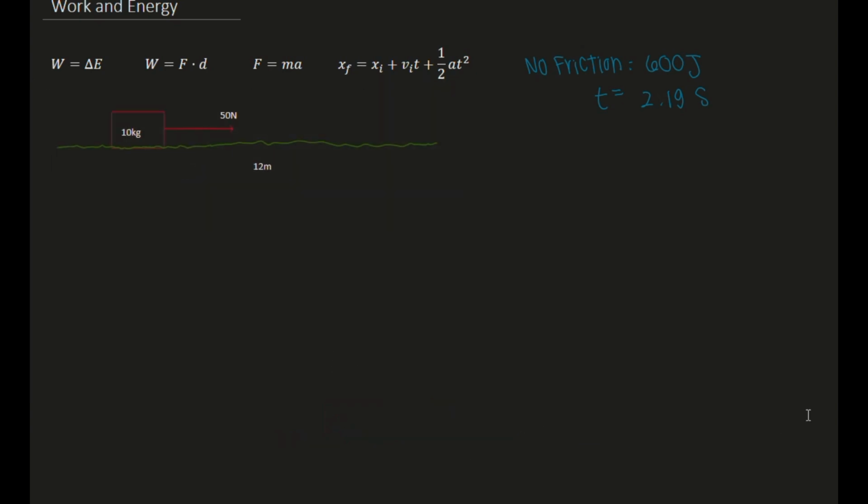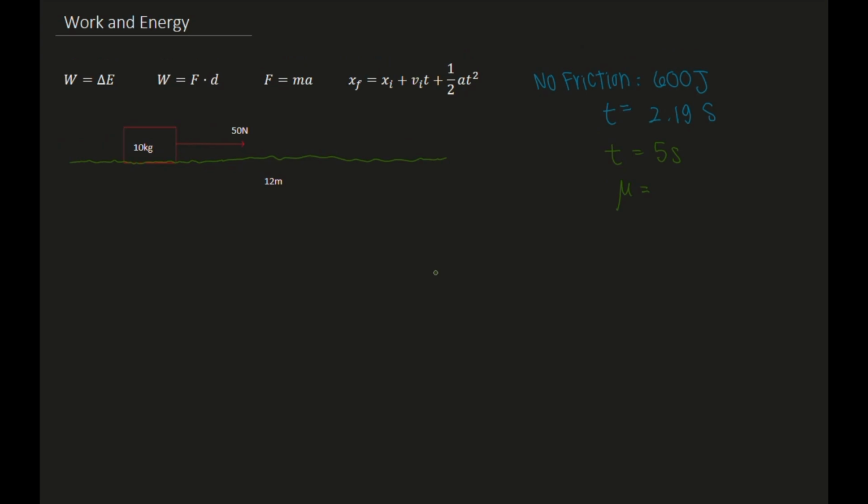What if we were to add friction, and we said that the time it took to travel the 12 meters was now 5 seconds? What if we were able to use this difference to calculate the frictional coefficient between the block and the floor, if now we've added friction and it takes 5 seconds, assuming we have changed no other variables?